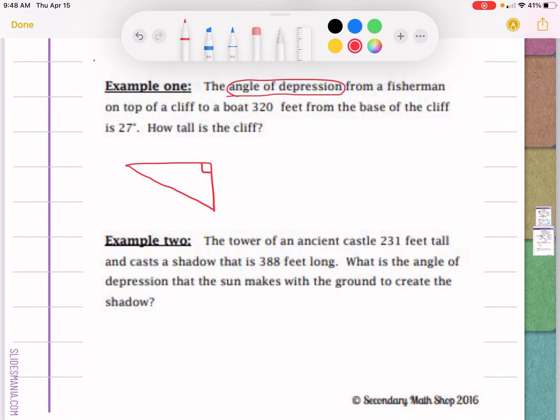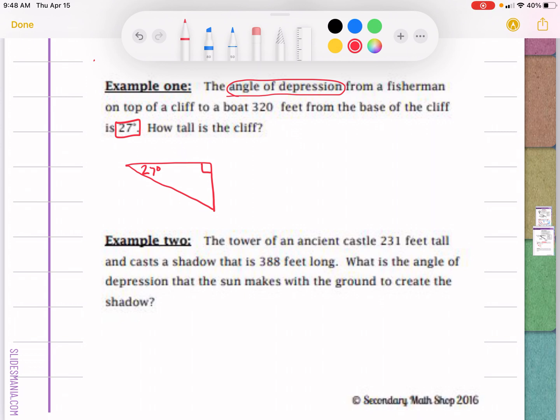Here it says the angle of depression from a fisherman on top of a cliff to a boat 320 feet from the base of the cliff is 27 degrees. So my angle, when you're doing angles of depression, is going down from that line of sight. So it's going to be there at the top of your triangle because you're looking down to something.